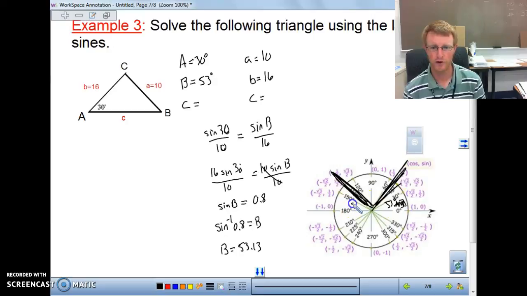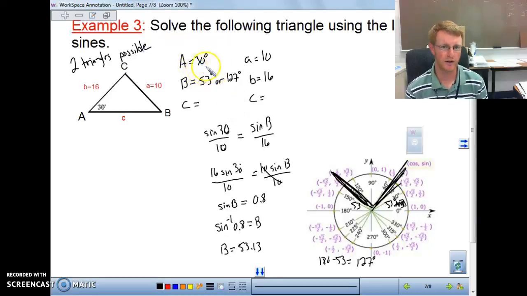So we can also figure out what this angle over here would be by subtracting 180 minus 53, and that gives us 127. So that means we can have 53 degrees or 127 degrees. So in this case, you need to state that there are two triangles possible.